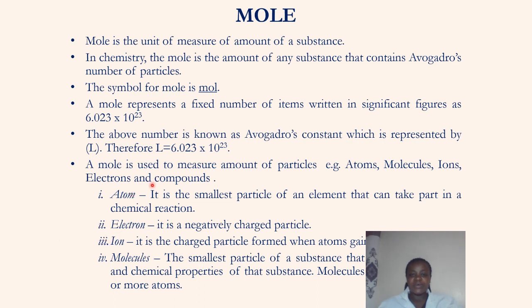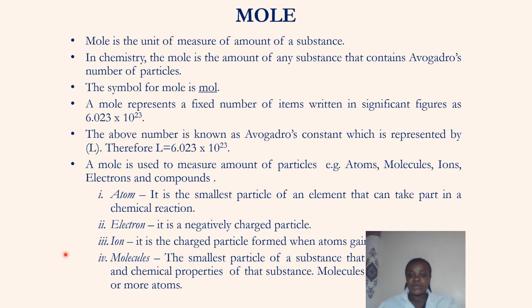That number is called the Avogadro's constant, and it is represented by the letter L, and therefore 1 mole is equal to the Avogadro's constant, L, which is 6.023 times 10 raised to the power 23.